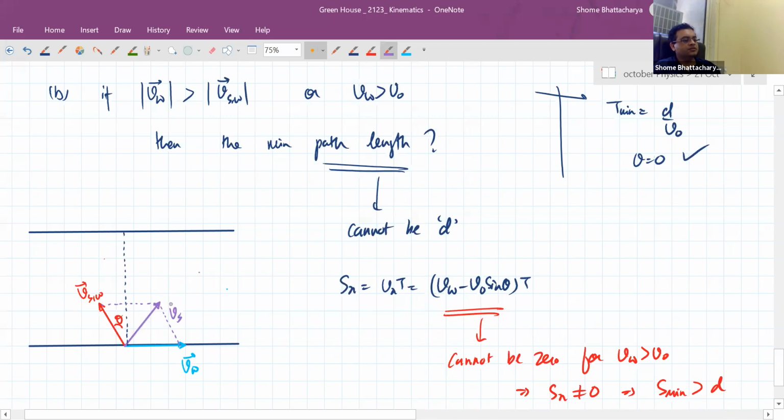So this will be his net velocity, and accordingly, this will be his net displacement.